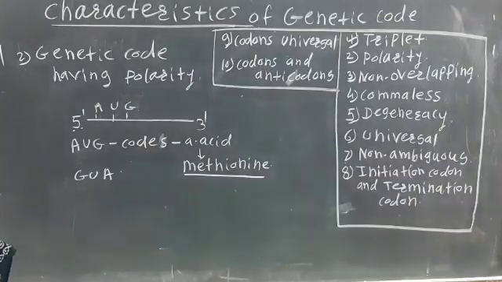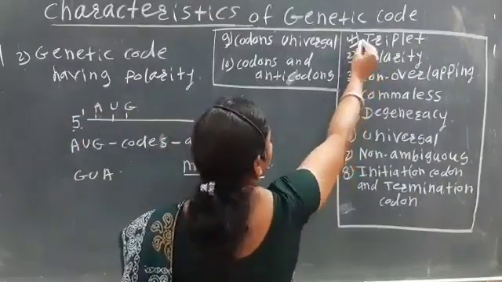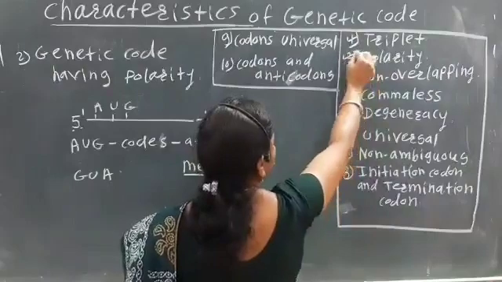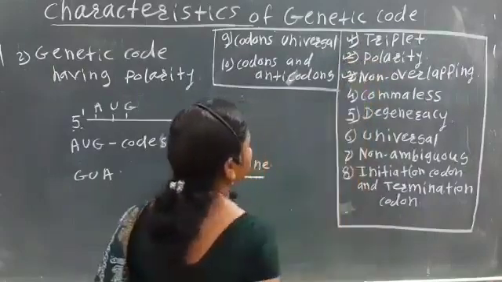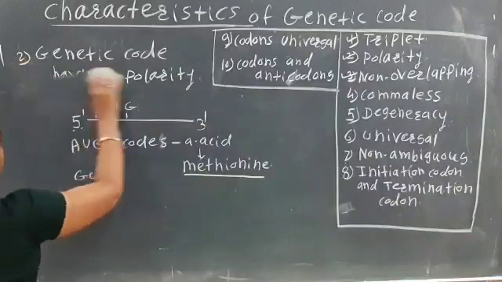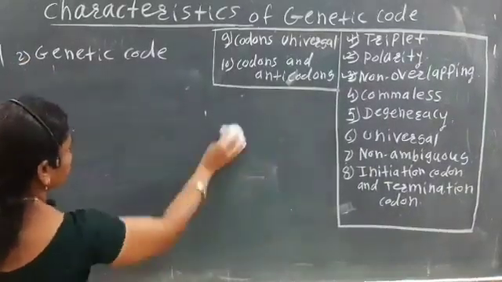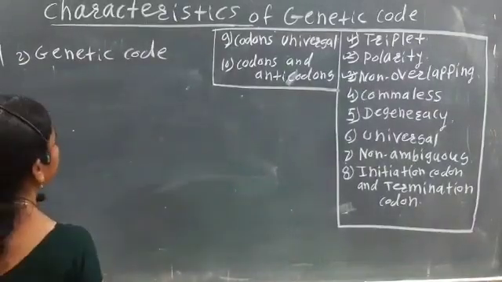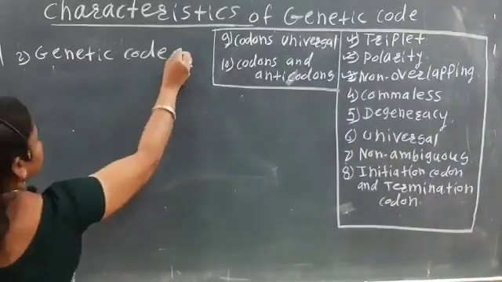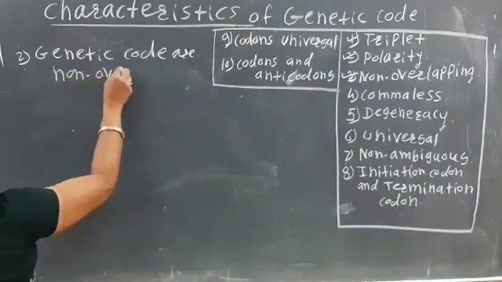Then the next characteristic, that is, the genetic code is non-overlapping. बघा आपण पहिलं ट्रिपलेट बघितला, दुसरा पोलॅरिटी बघितला, तिसरा आहे that is genetic code is non-overlapping.